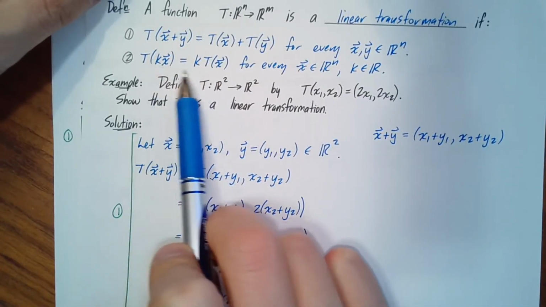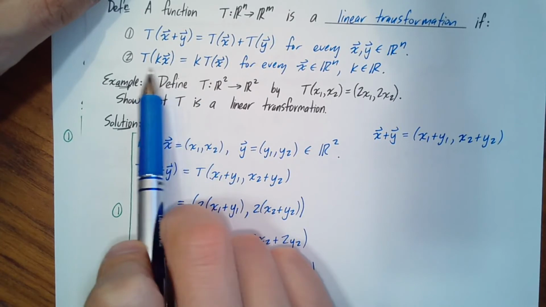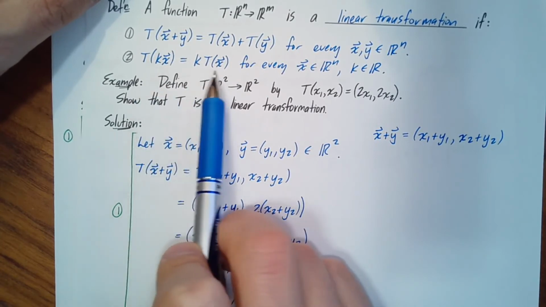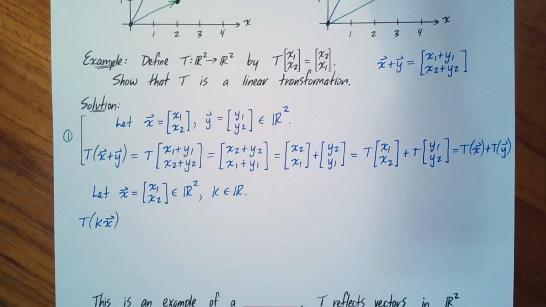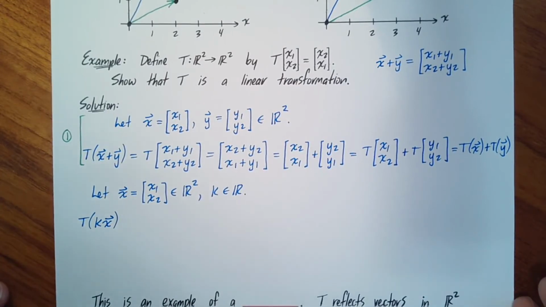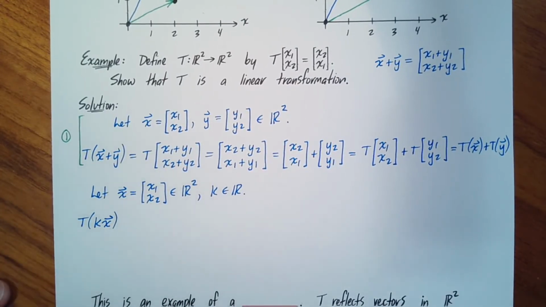We're going to try to verify this equation. So we're going to start with the left-hand side. We're going to try to manipulate it until it's equal to the right-hand side, using only the rules, right? We can't break any rules of vectors. But as long as we follow the rules and we end up getting k times T of x, then we're done. So let's work out what kx is.